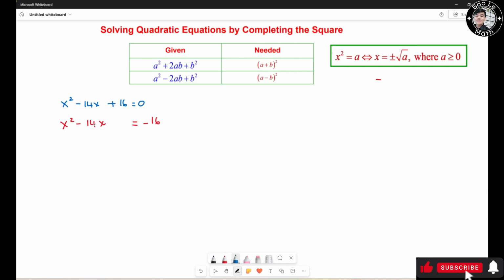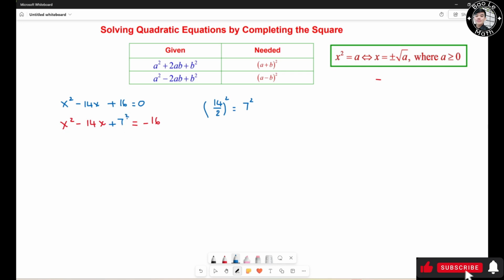Now, we need to take the middle term, divide by 2 and square. Keep in mind, the middle term, don't worry about the sign. You just take 14, you divide by 2, and then you square it. So 14 divided by 2 is 7. 7 squared is 49, right? So I just write 7 squared, so I add 7 squared right here.